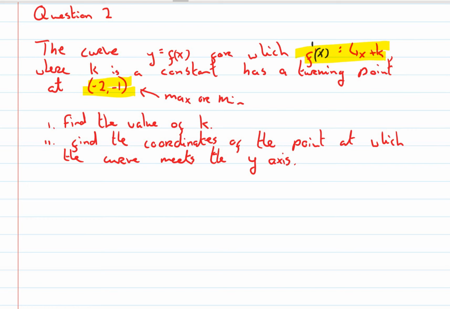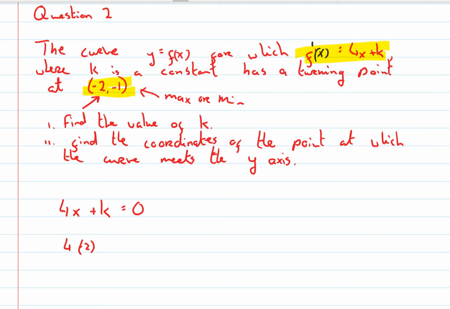Well, the first thing is, at the turning point, when I differentiate the function, the turning point will always have a slope of 0. So we can say 4x plus k equals 0. That's the first thing. The second thing is, it's at that point, so the x value is going to be minus 2.